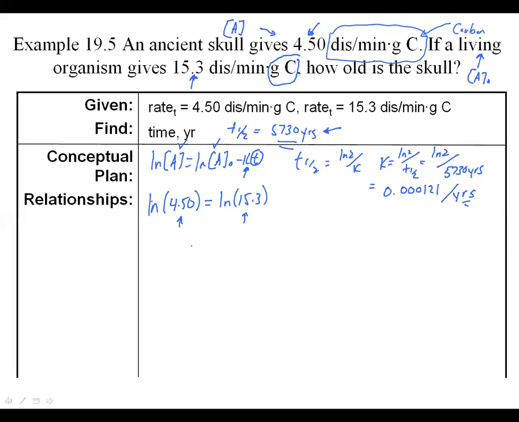If we clean up, we take the natural log of 4.5 minus the natural log of 15.3 and get minus 1.22378 equals minus 0.000121 per year times t.